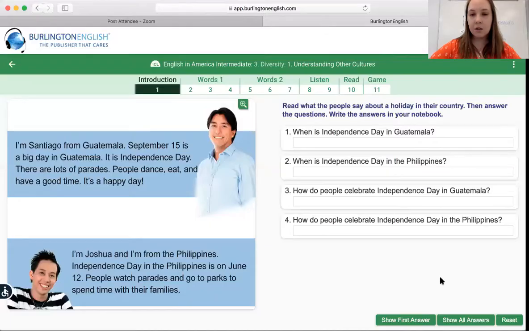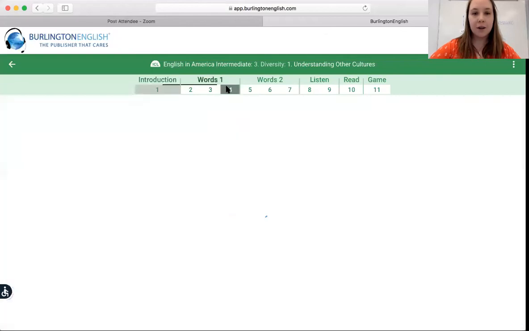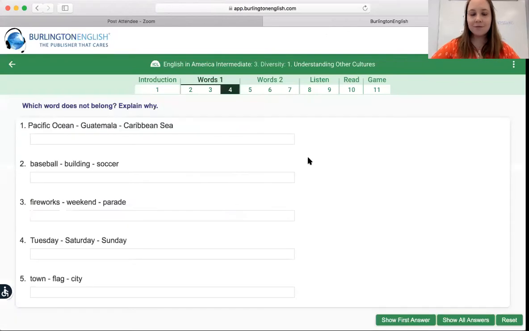Let's do one other activity. I'm going to share my screen again, and we're going to do one more vocabulary activity before I talk about your homework. All right. In this activity, we are given 3 words. So number 1 says Pacific Ocean, Guatemala, and Caribbean Sea.